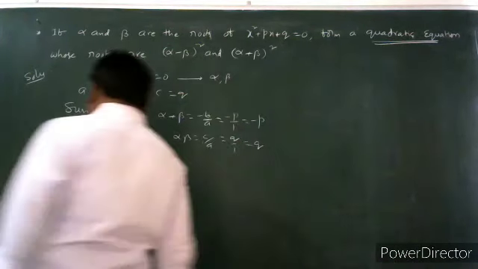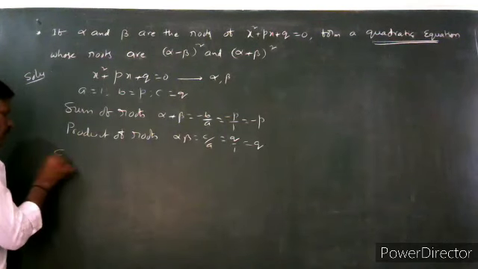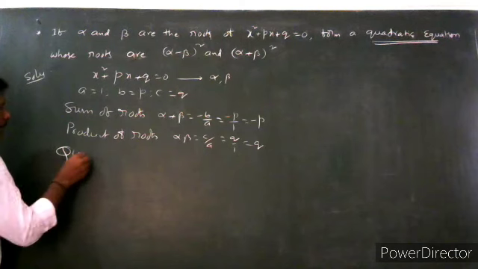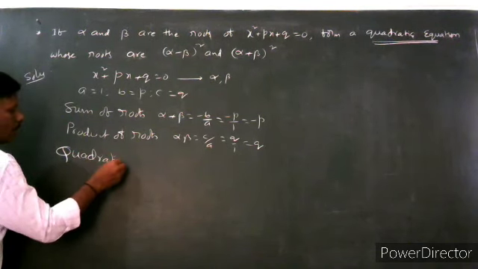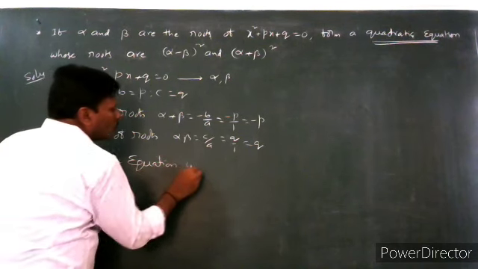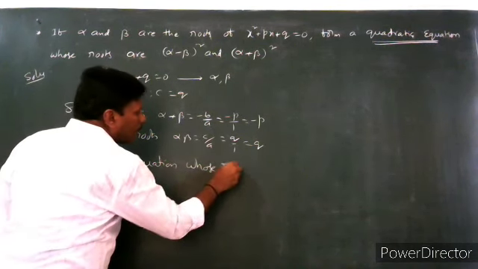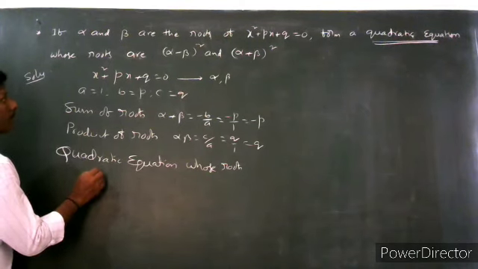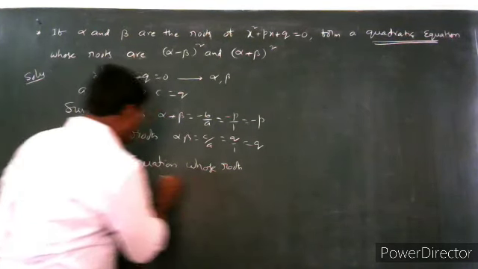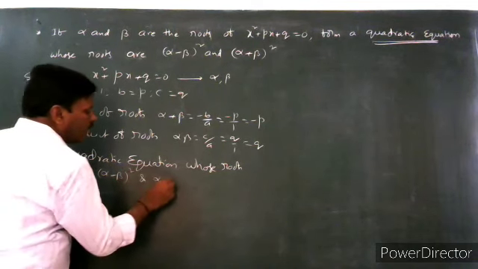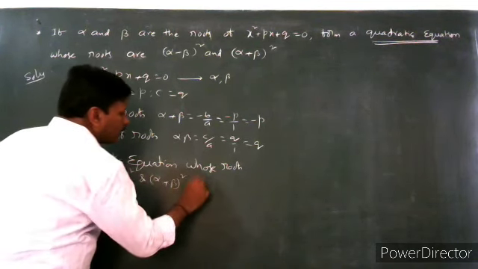Now we want a quadratic equation whose roots are alpha minus beta whole square and alpha plus beta whole square.